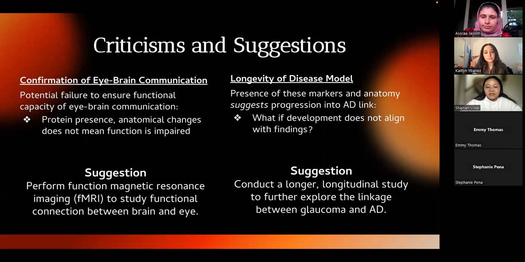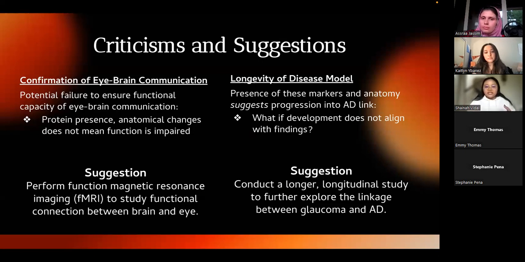The reason being is that there could be a potential failure to ensure that the function is actually occurring in terms of the communication between the eye and brain. While there may be a protein present or an anatomical change, that doesn't always mean that there's an impairment of that specific section.